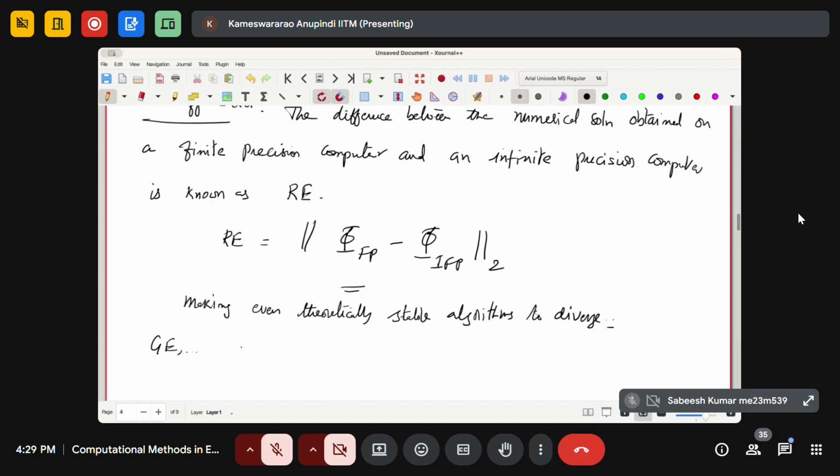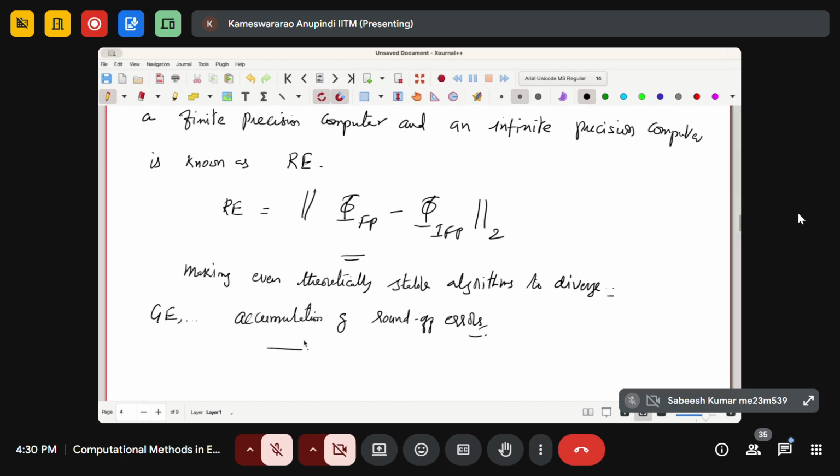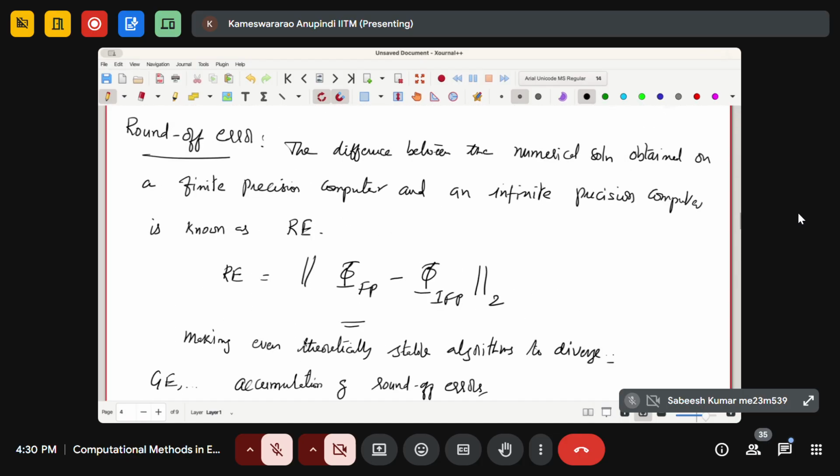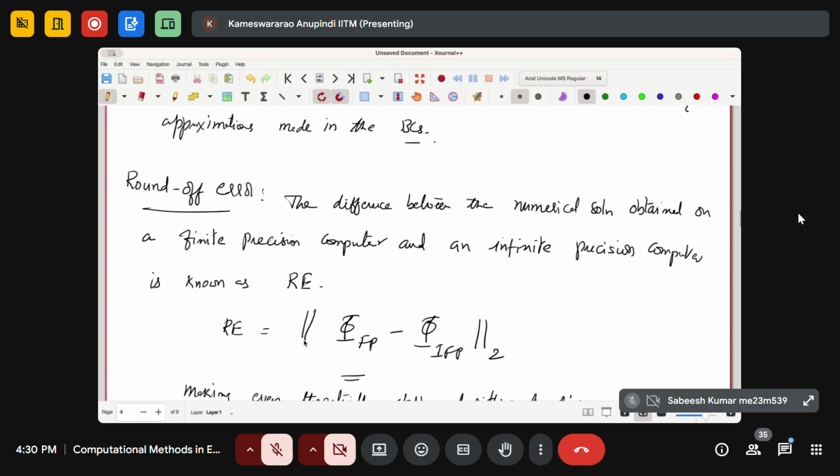This is because of the accumulation of round-off errors. So although Gaussian elimination is stable and is supposed to give an answer, because of round-off errors this can give you incorrect answers. So we need to be very careful with round-off errors because they may make our solution diverge as we progress. So that's about the round-off error, the truncation error, and the discretization error.